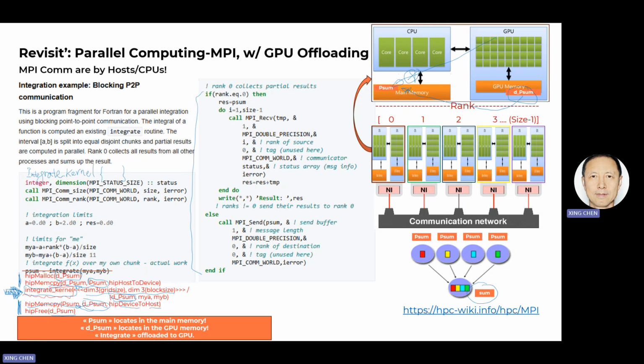Well, it's not too complicated, but there is one thing. This is a very simple example. For this example, the psum and the d_psum are two floating point numbers, just scalars, two small 64-bit scalars.